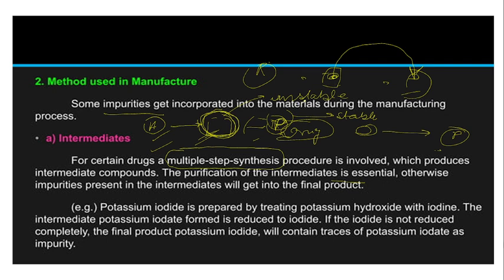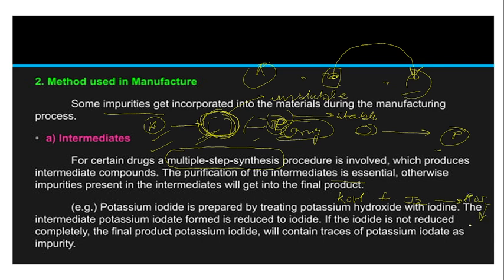An example is mentioned: potassium iodide is prepared by potassium hydroxide with iodine, and the intermediate potassium iodate formed is reduced to iodine. Like if we are preparing potassium iodide, then for that preparation we require potassium hydroxide with iodine. So if we prepare by this, we have an intermediate.